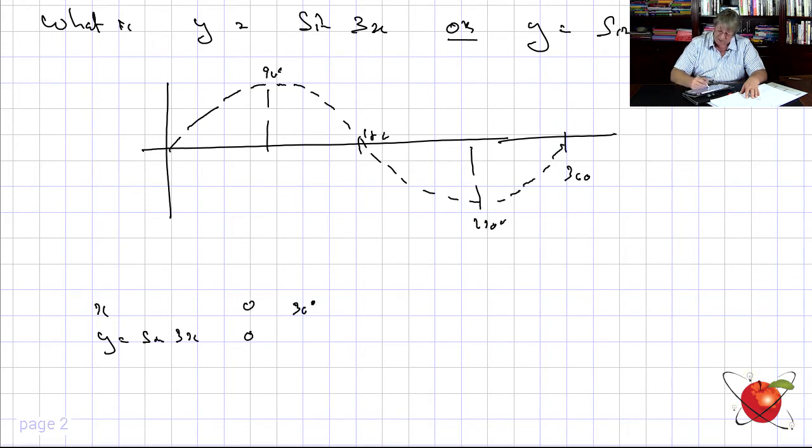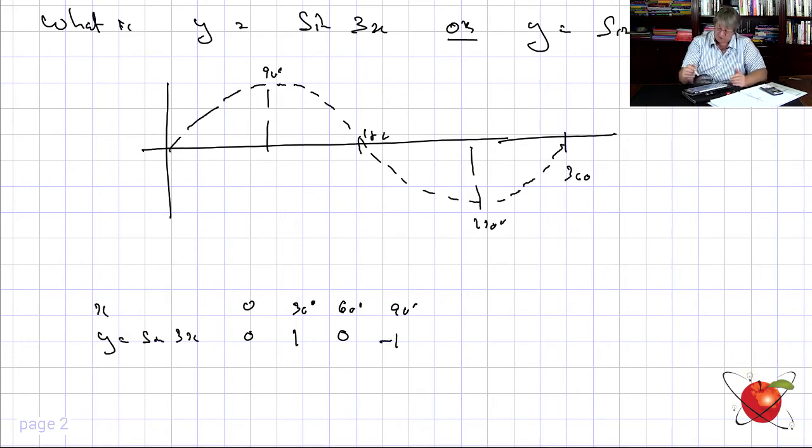If x is 30 degrees, y is equal to sine of 90, so at 30 degrees it's 1. At 60 degrees, it's sine of 180. At 90, it's sine of 3 times 90, sine of 270, which is equal to minus 1.